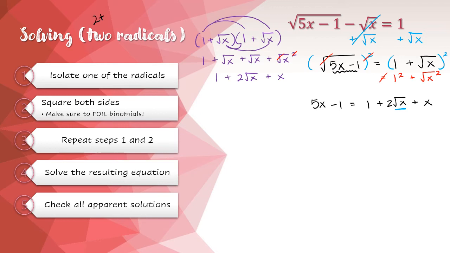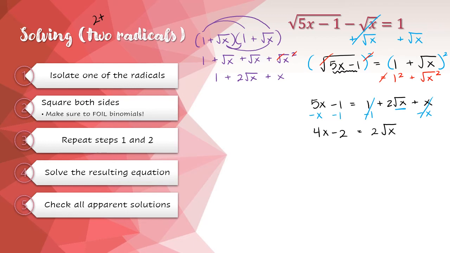So I think I will subtract x from both sides, and at the same time I'm going to subtract 1 from both sides. So we're going to cancel those guys out, and let's see, we're left with 4x minus 2 is equal to 2 root x.